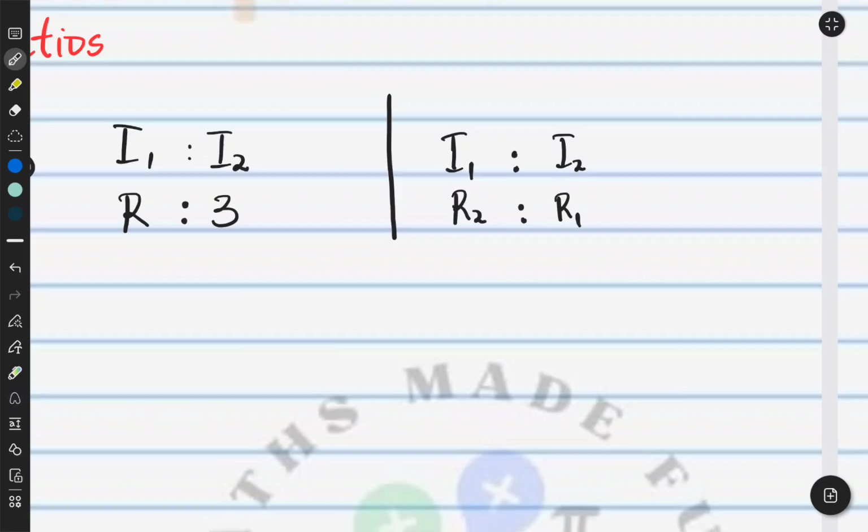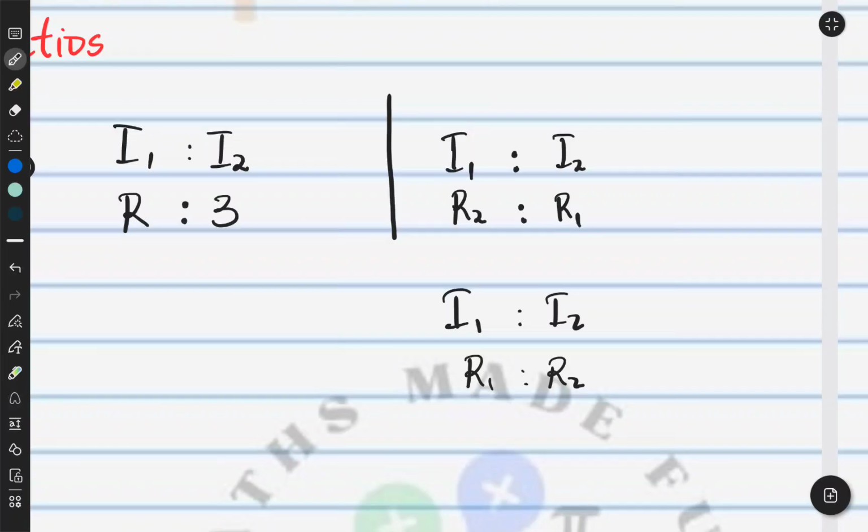The reason we swap the resistances is because in a parallel circuit combination, if you remember correctly, the branch that has the highest resistance will get the least current, and the branch that has the lowest resistance will get the most current between the two. So that's why you flip it, right? So that the law is not violated. Because if now you say I1 is to I2 and then you have R1 is to R2, then that rule I just set out won't hold.